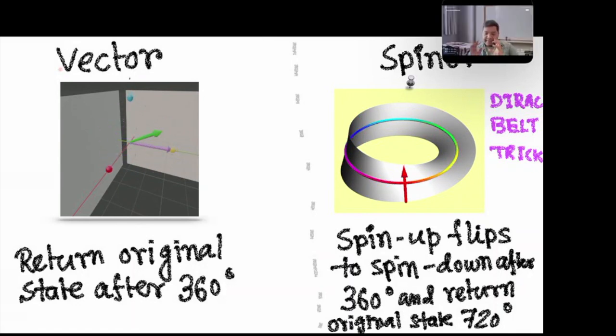Now when we talk about the spinor, at this point the spin is up. It makes one rotation, and when it reaches 360 degrees, you can see the spin has become down.